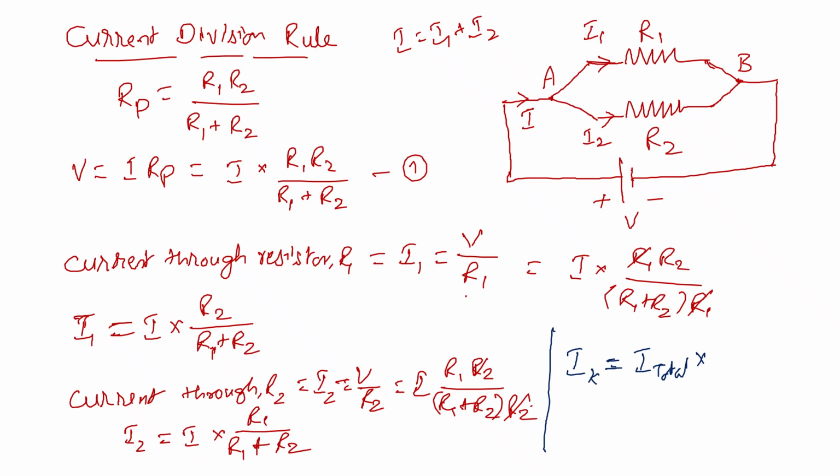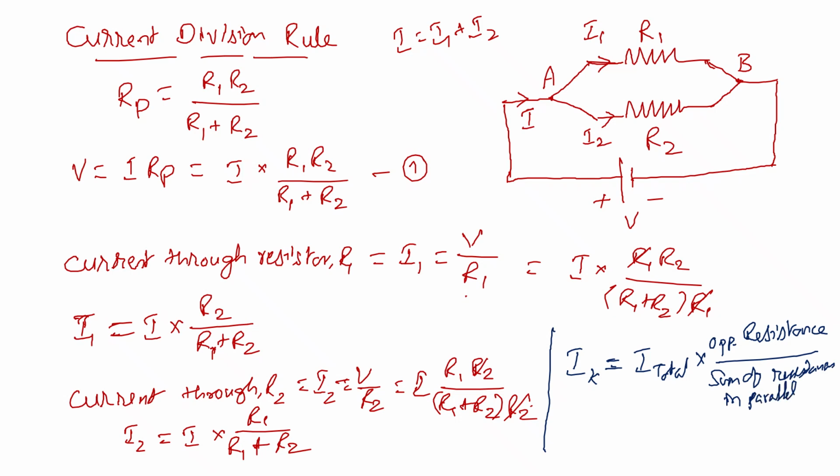So total current into opposite resistance divided by R1 plus R2. This is the total, or we can say sum of resistances in parallel connection.